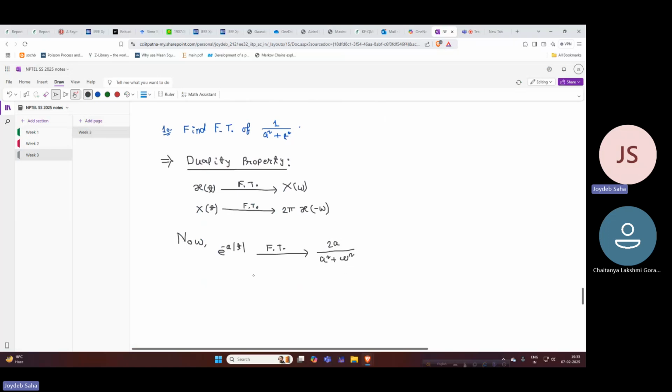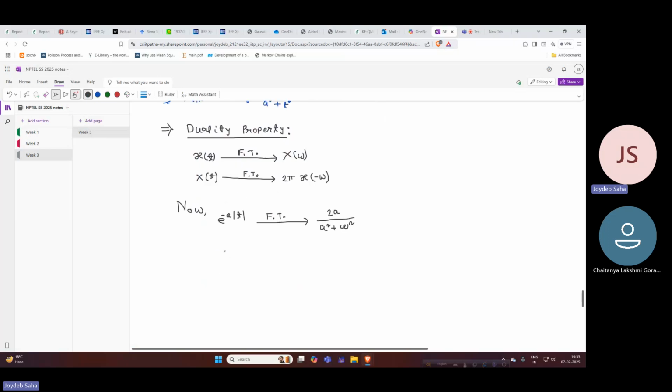So if we apply the duality property, then for 2a divided by a square plus t square, the Fourier transform will be 2 pi e to the power minus a mod minus omega, which is nothing but mod omega.